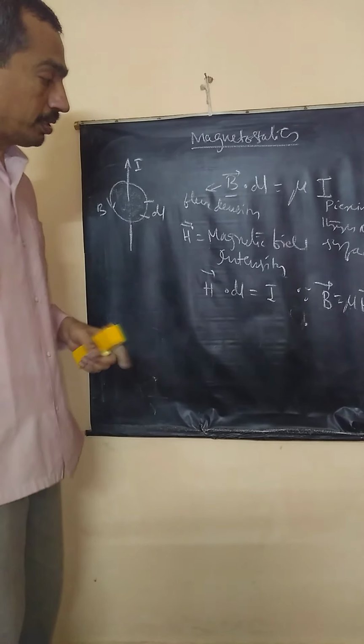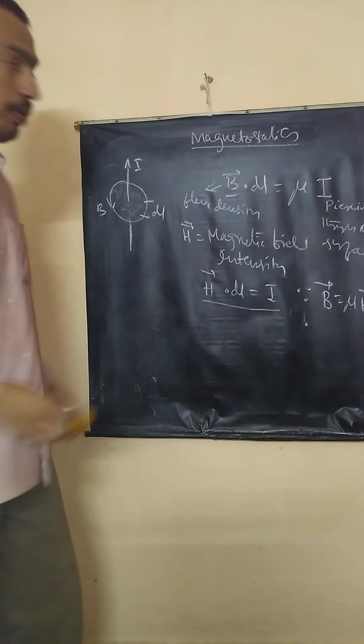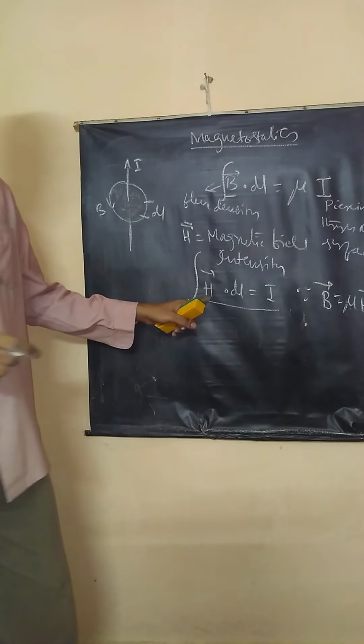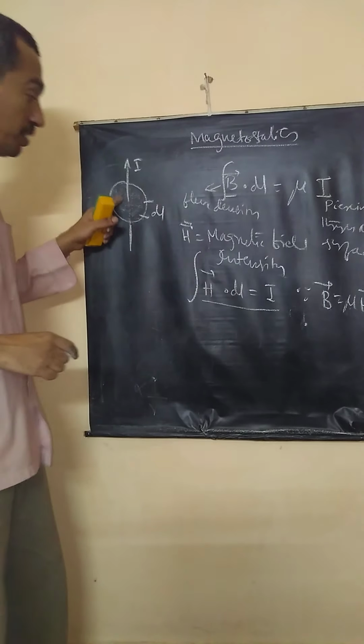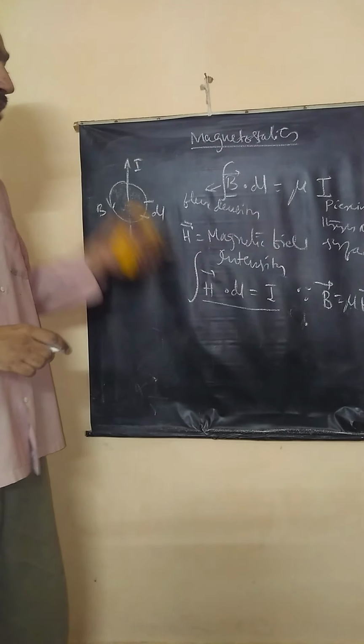So these two are the same. Now look at this. In integral form, the line integral of magnetic field intensity around a closed path is equal to the current passing through the surface bounded by the closed path. This is Ampere's law.